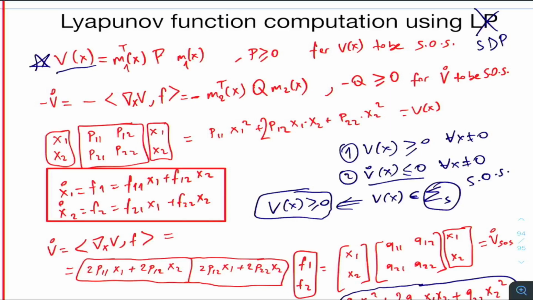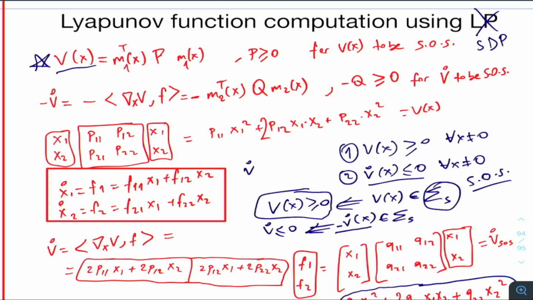And again, for the negative semi-definiteness of the V dot term, you would have that type of sufficient condition. Sigma sub s again stands for sum of squares. And I'm sorry, let me put a minus there because it's important.